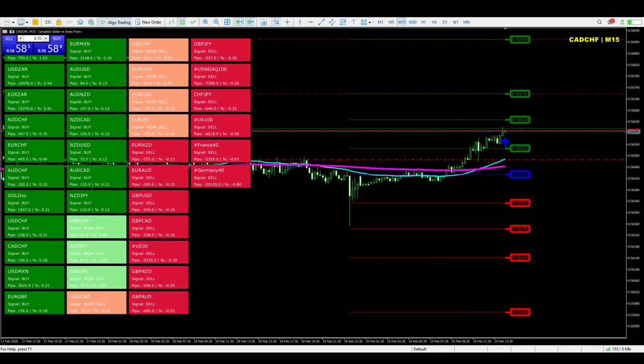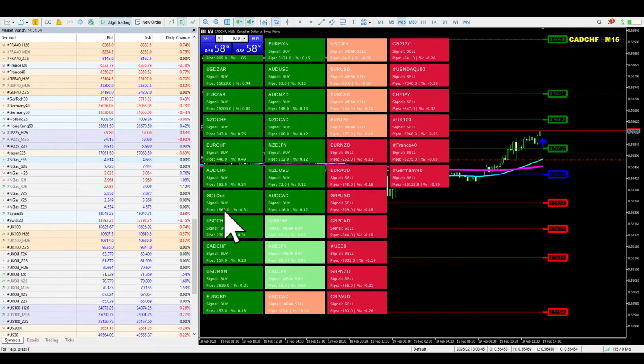I just want to see if I added gold here. I did not add gold and silver, but I thought I did. Just hold on, guys. On this market scanner, you can add and remove different trading instruments. Because I also like to trade gold and silver, I'm going to quickly add them.